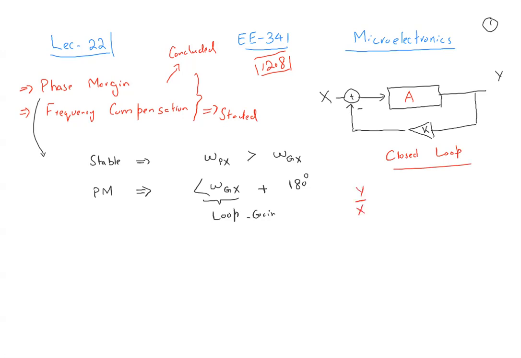Whenever I say y over x, it means the closed loop gain between input and output. If somebody says what is A, this means open loop gain. And if somebody says what is K, this is the feedback gain.